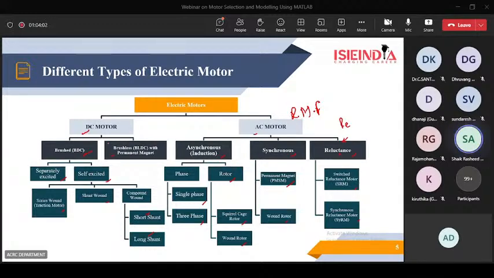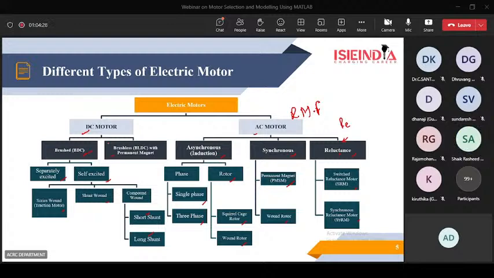So BLDC motors are the brushless DC motors, compared to the brushed DC motor. There are no brushes, so there is no commutation process happening. Instead we have Hall sensors, or we can say they use electronic controllers to control the rotation of the rotors. Hall sensors are used to detect the position of the rotor.